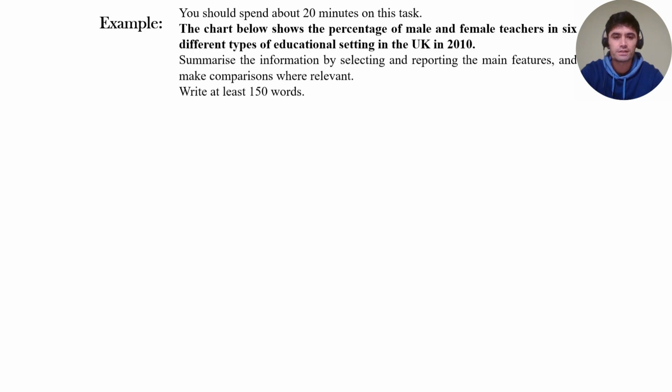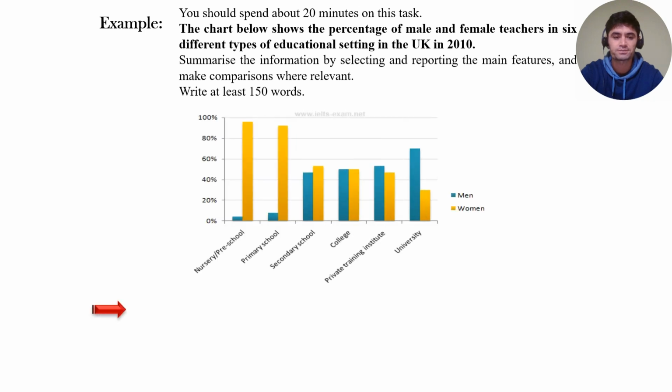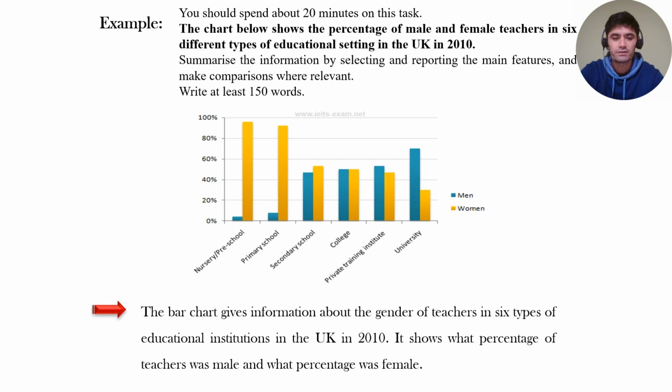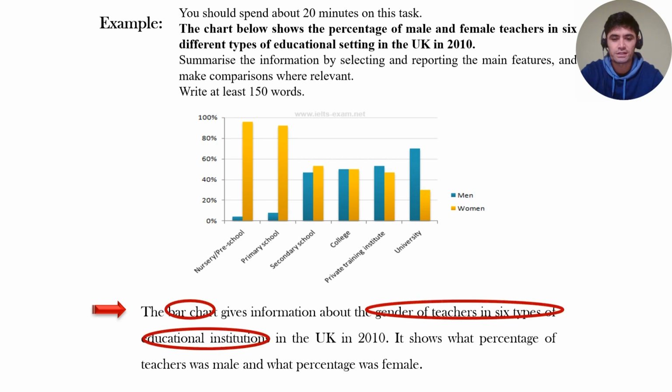Some more examples. The chart below shows the percentage of male and female teachers in 6 different types of educational setting in the UK in 2010. So here is the paraphrased form of this question. The bar chart gives information, so instead of the chart below shows, I've used the bar chart gives information about the gender of teachers in 6 types of educational institutions.